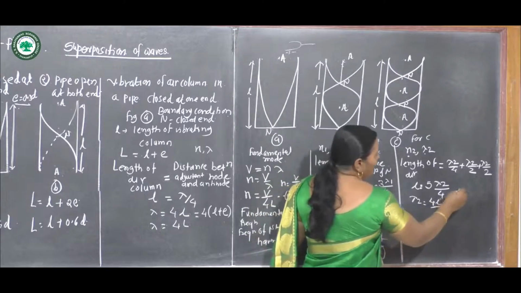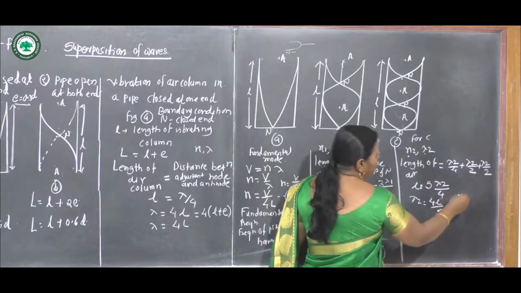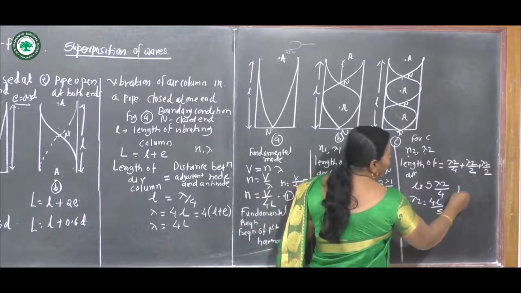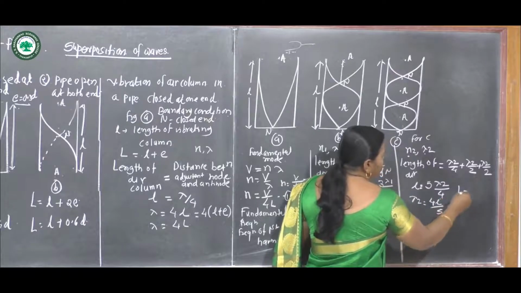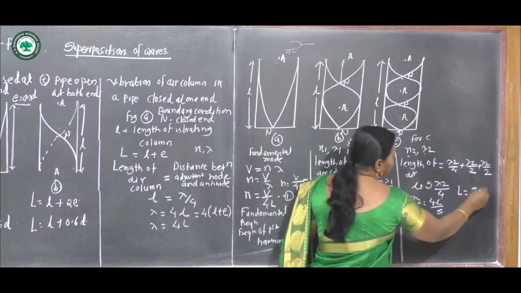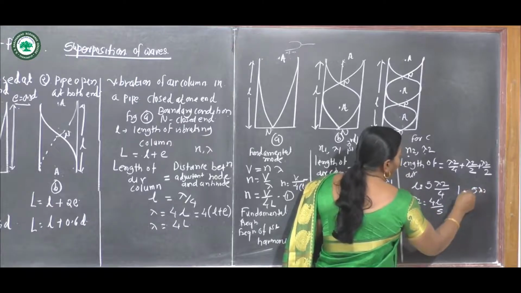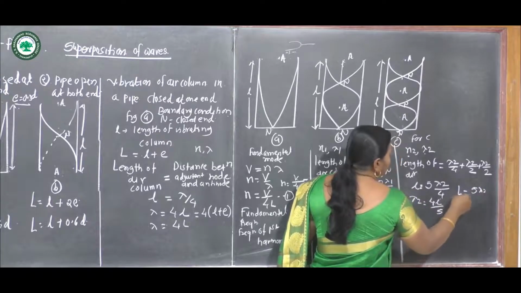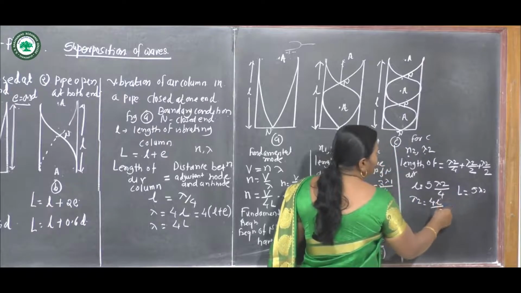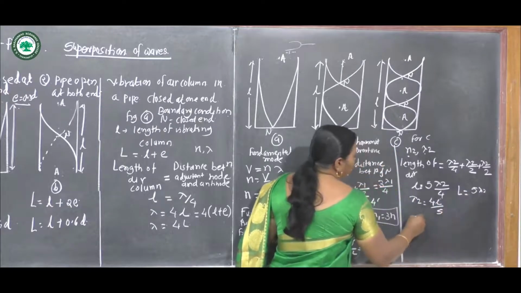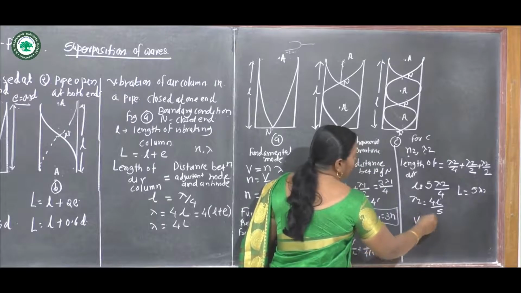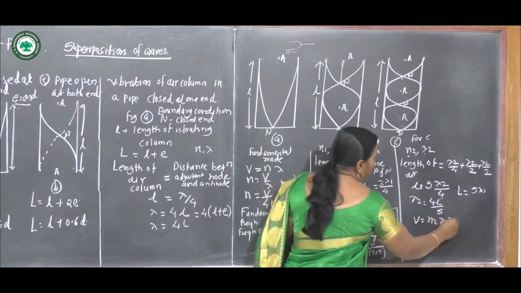Now here we consider with end correction and we get L is equal to 5 lambda by 2 divided by 4, substituting lambda 2 is equal to 4L divided by 5. Now we know v is equal to n2 lambda 2.